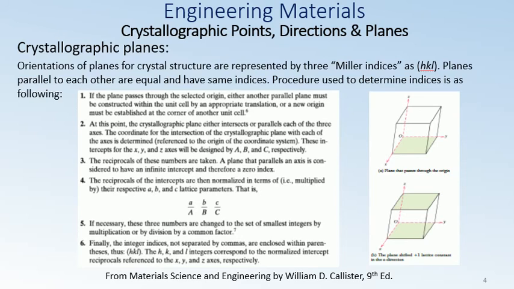Then you reduce them. 1 over infinity is 0 along the x-axis, 0 along the y-axis, and 1 along the z-axis. These are already reduced to lowest integers. So for this particular plane shown in the figure on the right side, the coordinates are 0, 0, 1. This is how you determine plane coordinates.